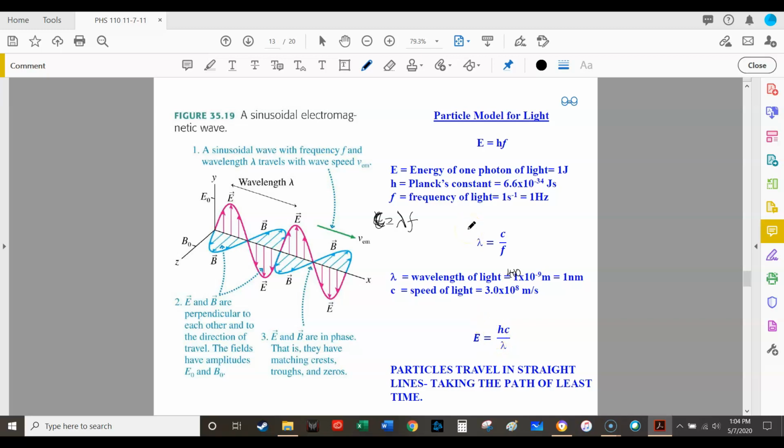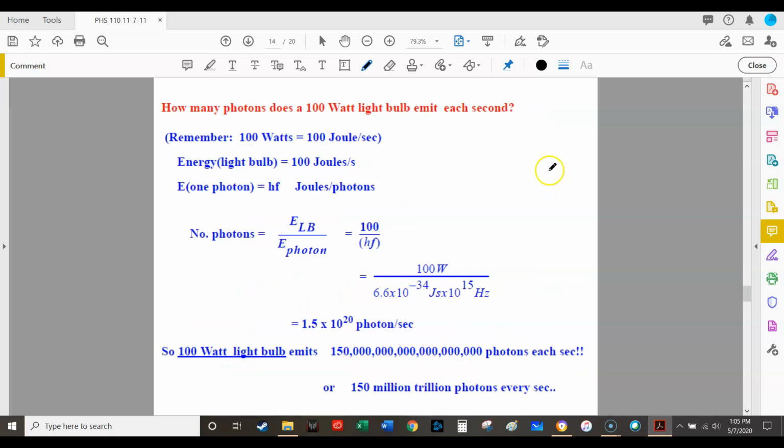So we could actually calculate, based on wavelengths of light that we're seeing, how much energy is coming out of something, right? And if we could do that, then we could actually estimate how many photons are coming out of a light bulb per second, which is what we're going to do here. So you had learned power, which is intensity.